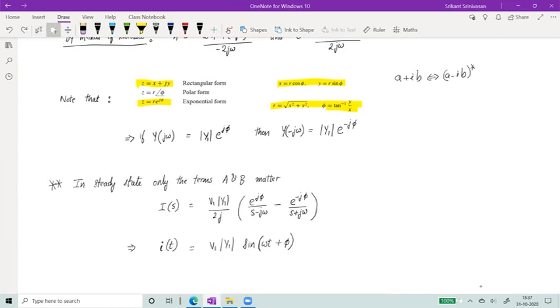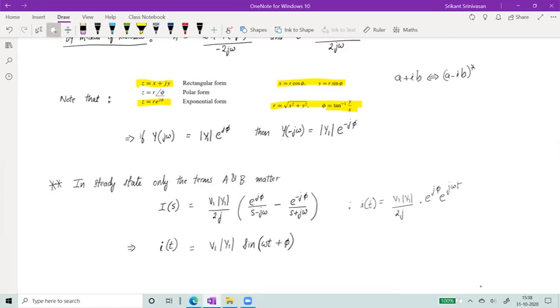And now when I have something like this, you can quickly see that this will work out to be v1 y1 into sine omega t plus phi. Okay. So that's easy to see. If I take the inverse transform, this is I of s, right? Then this is just a constant, and I have to only take the transform of the inner part. So what's the transform of the inner part? If I do I of t, it's v1 y1 over 2j into e power j phi into e power j omega t, right?